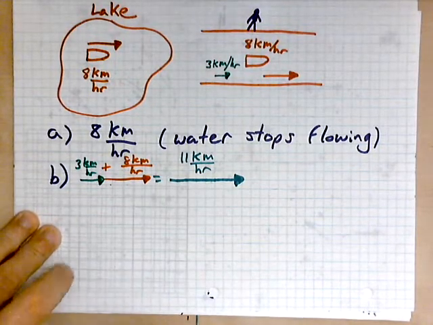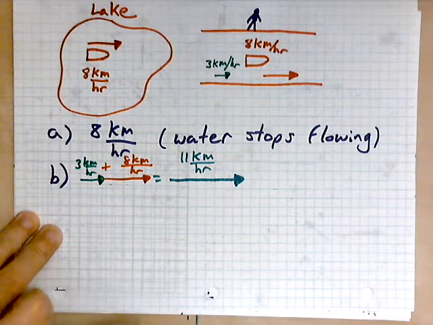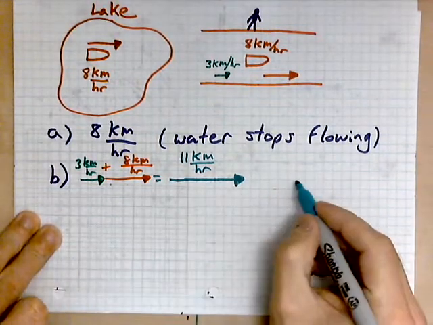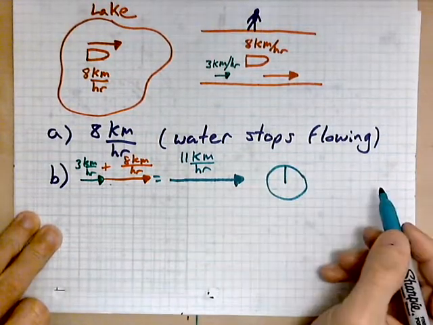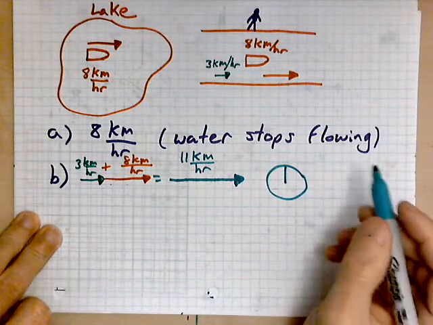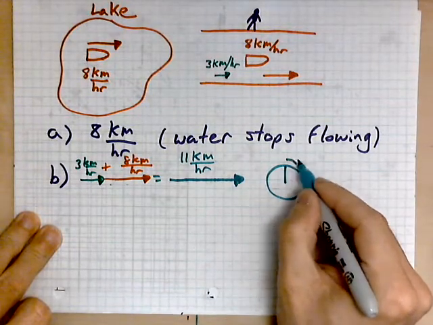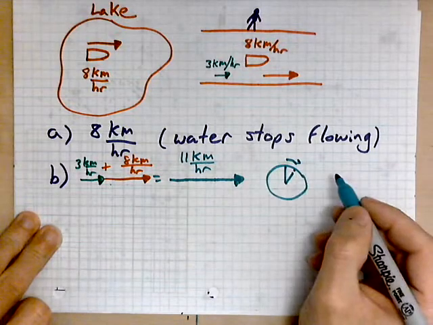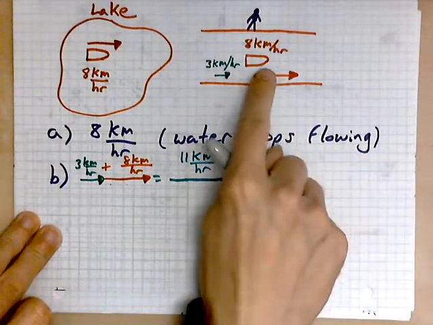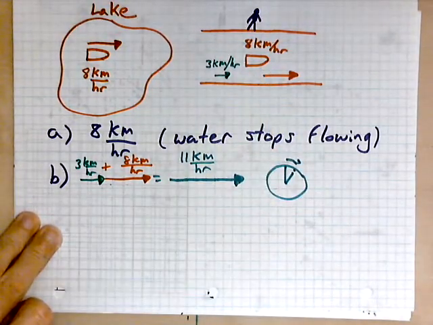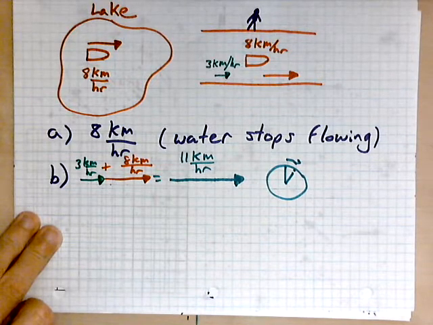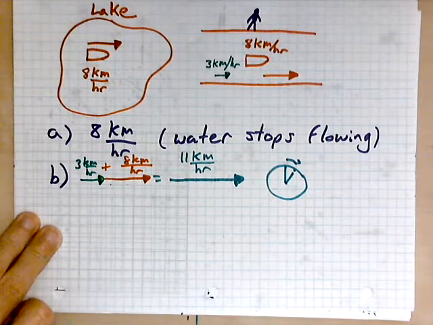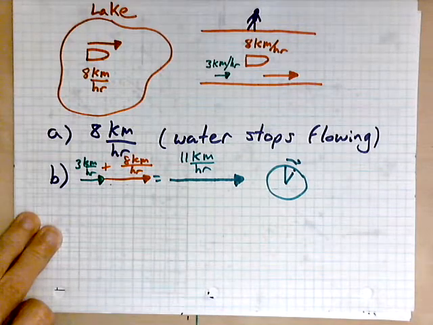And if he could see the boat for a very great distance, and imagine this is his wristwatch and it's 12, then 1 hour later, this boat, relative to him, has moved 11 kilometers. In other words, it's 11 kilometers downstream from this guy.